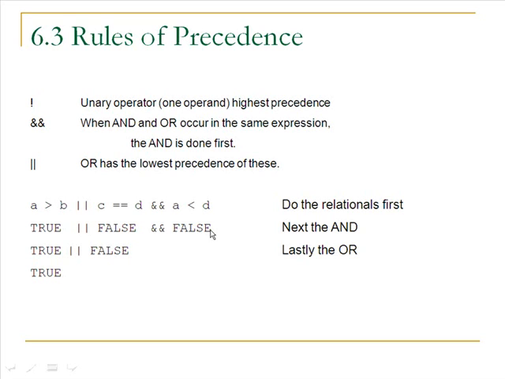This is where English completely fails, because no one knows how to evaluate this when you have an and and an or in one English sentence. In formal logic, the and operator has the higher precedence, so we're going to evaluate the and first. So we'll say false and false is false, and then we have true or false, and we evaluate that to be true.